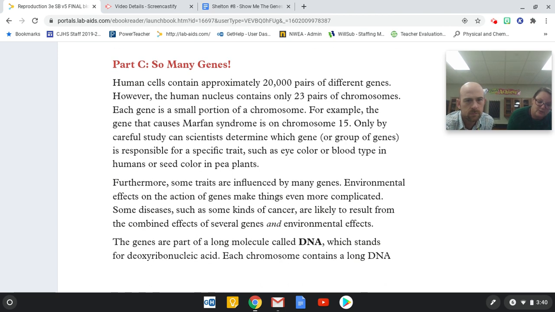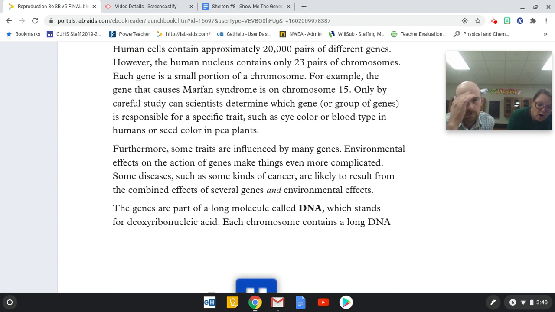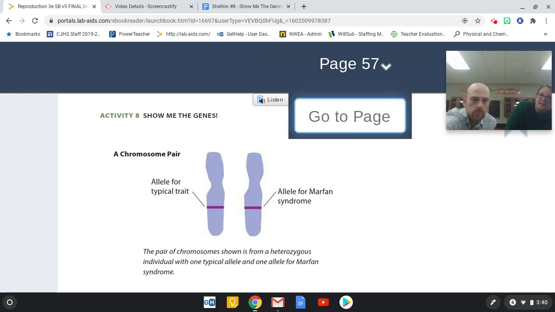Some diseases, such as some kinds of cancer, are likely to result from the combined effects of several genes and environmental effects. The genes are part of a long molecule called DNA, which stands for deoxyribonucleic acid. Again, that's deoxyribonucleic acid. Each chromosome contains a long DNA molecule.